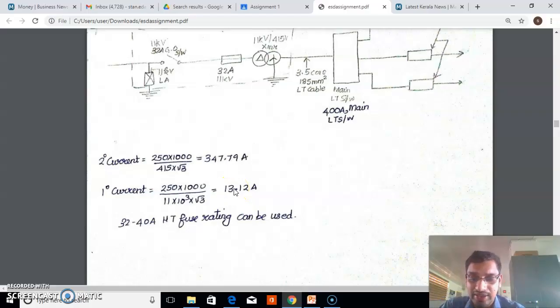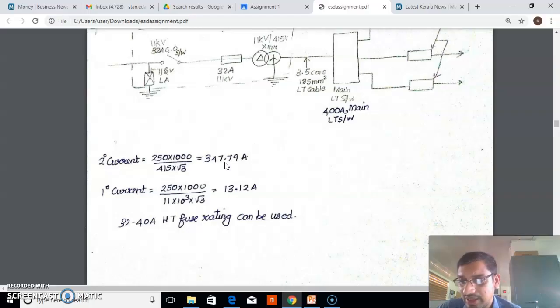You can also check these values with the data book, the MK Giridharan data book. Take table number 31. In table 31, our transformer capacity is 250 kVA. The corresponding primary current is 13.12, and the corresponding secondary current is 333, almost in the 330 to 340 range, close to our 347.79.